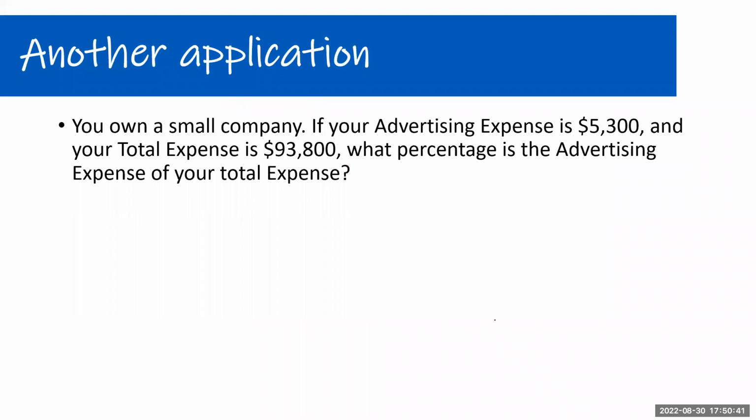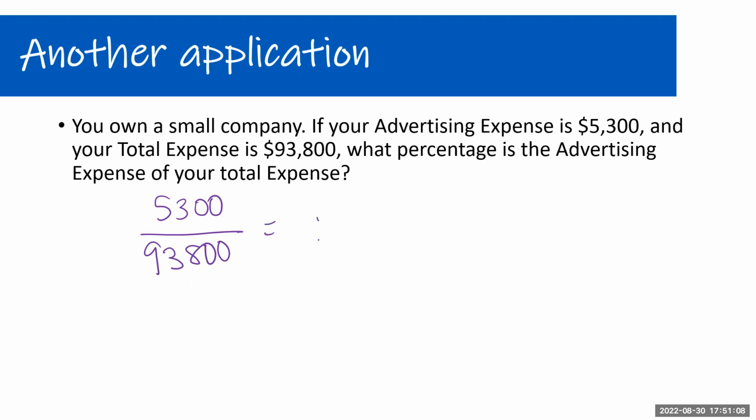Now, let's say that you own a small company. Your advertising expense is $5,300 and your total expense is $93,800. What percentage is the advertising expense out of your total expense? Now, this was a lot of words for something pretty simple. Your advertising out of your total. $5,300 of the dollars that you spent out of those total $93,800.